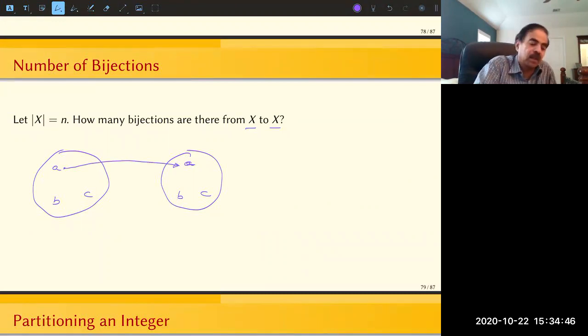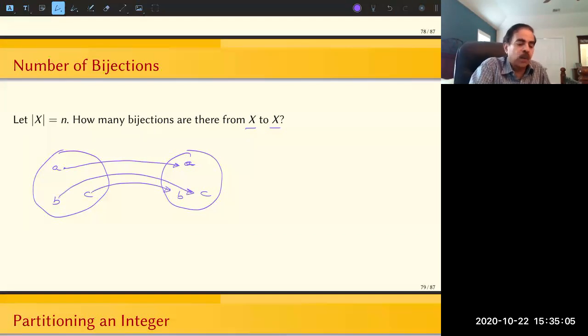And it's one-to-one, which means there can be only one arrow coming into each. So for instance, one bijection is this. One way to capture this bijection is to list it as a sequence where the first element is where the arrow from A points to.